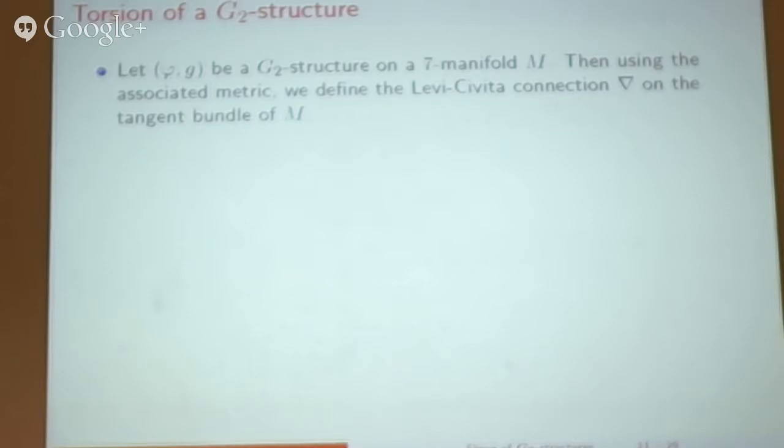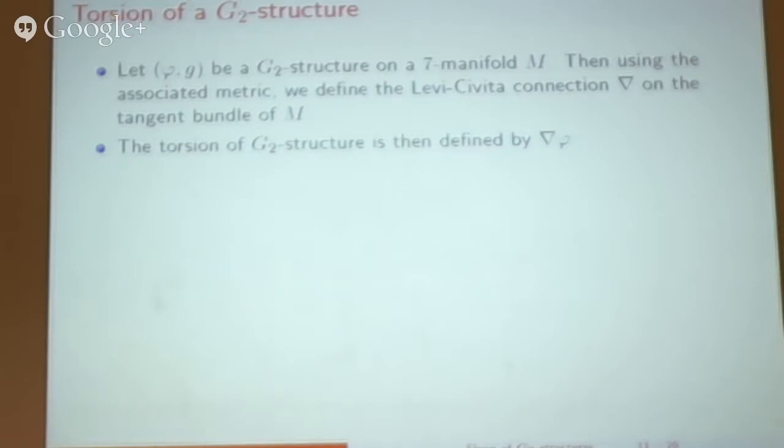Now we say that the torsion of the G2 structure is defined by nabla of phi. So we differentiate phi with respect to this Levi-Civita connection, and we see what happens. The reason it's not necessarily 0 is because the Levi-Civita connection is an object which is intrinsic to the metric. It's intrinsic to the Riemannian structure. So it doesn't really know about the G2 structure which we have, so it's not necessarily compatible with it.